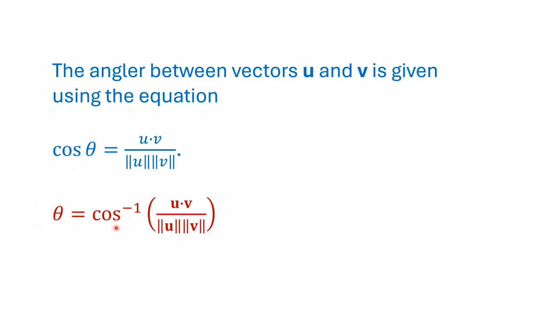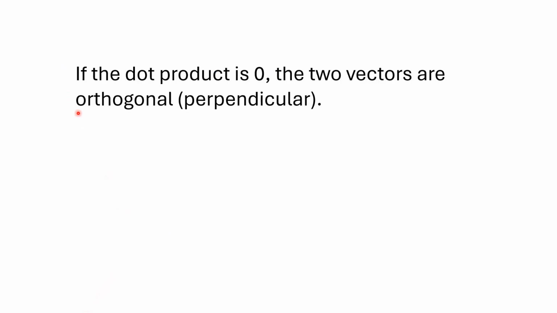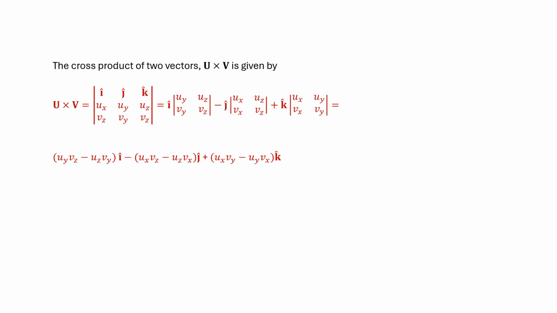Theta equals the arccosine of u dot v over the norm of u times the norm of v. If the dot product is 0, the two vectors are orthogonal or perpendicular. After all, the cosine of 90 degrees is 0.